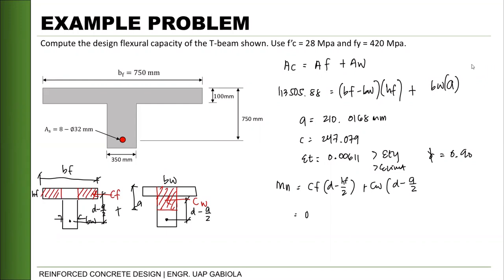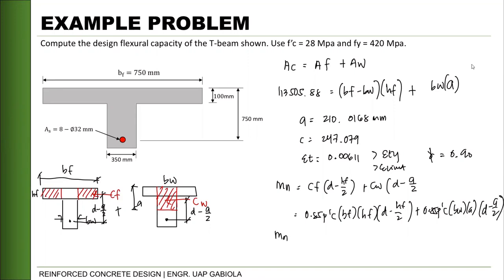Okay? So we have 0.85 F prime C times the width of the compression flange times the area. The area is our AF, whatever it is, so BF minus BW times HF times D minus HF over 2, plus 0.85 F prime C, and then BW times A times D minus A over 2.